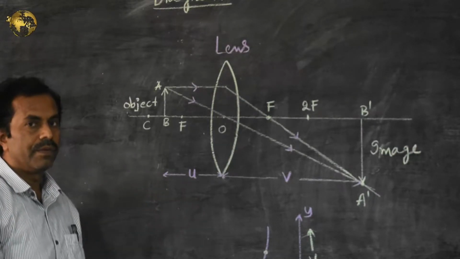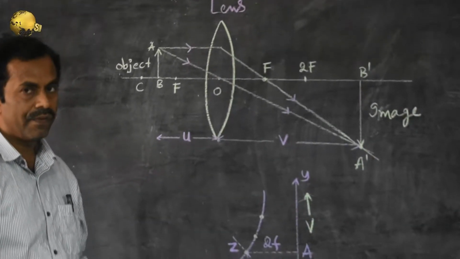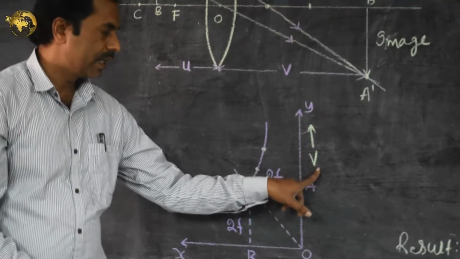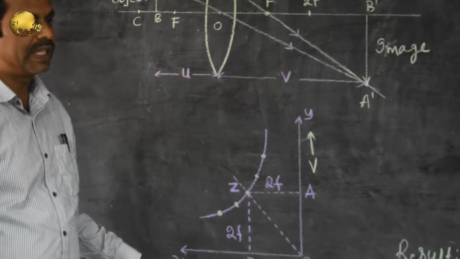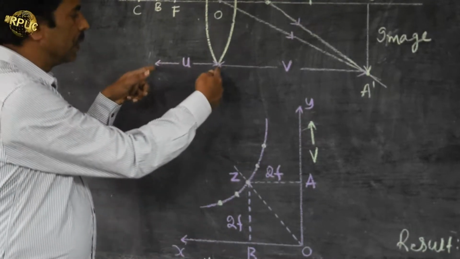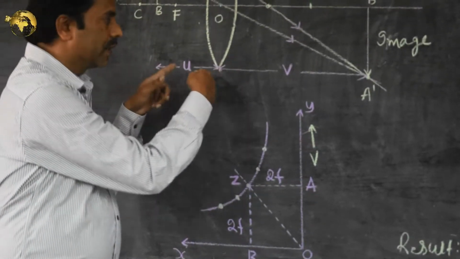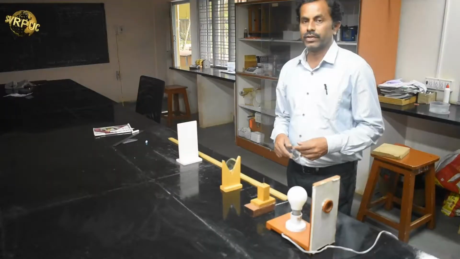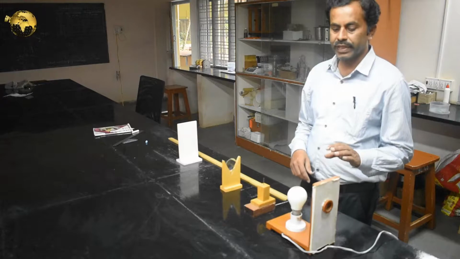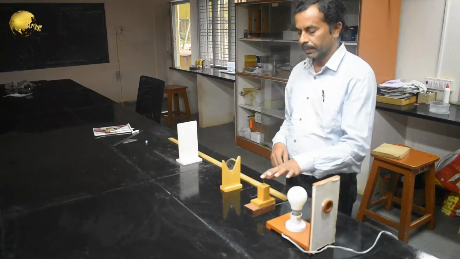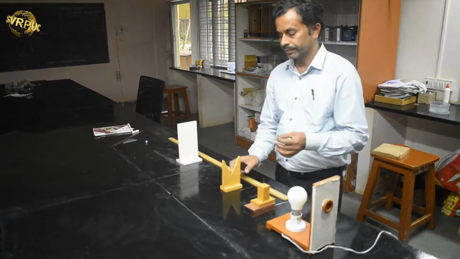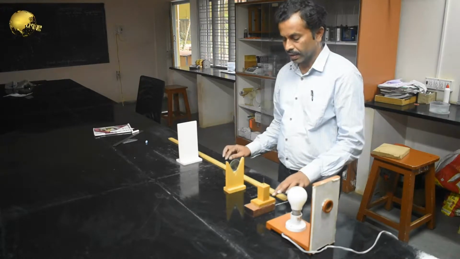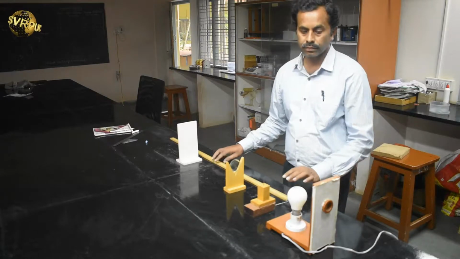So next, we will have a graph of image distance versus object distance. Here U is the object distance and V is the image distance. Students, the apparatus required to do this experiment are light source, object pin, convex lens, lens stand, image screen and meter scale.